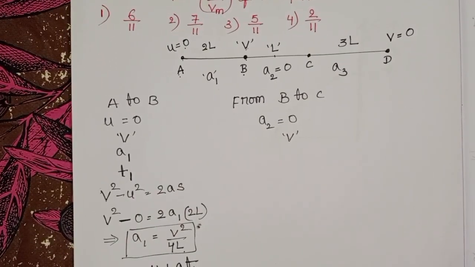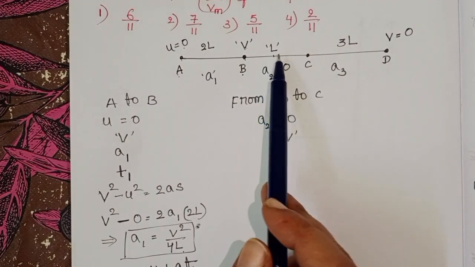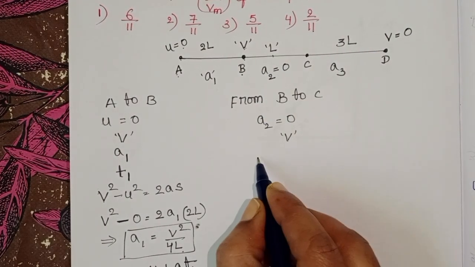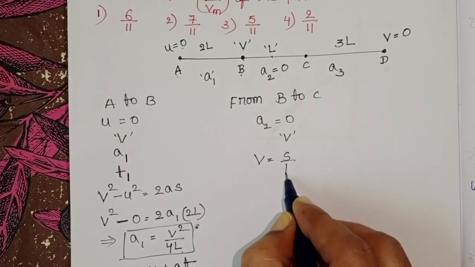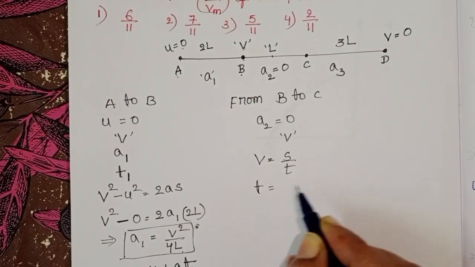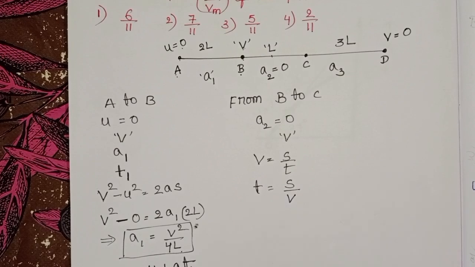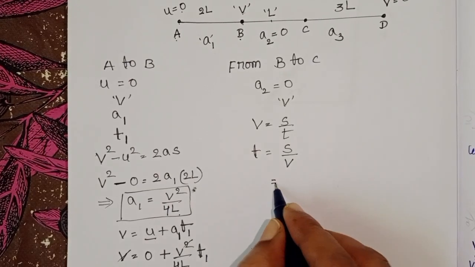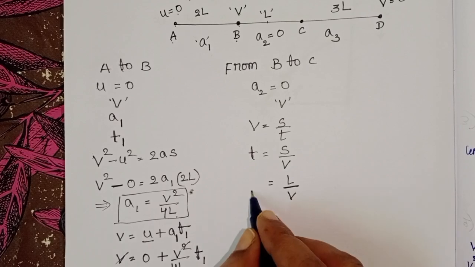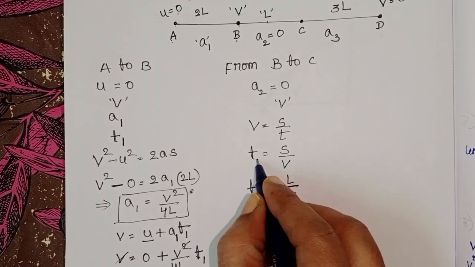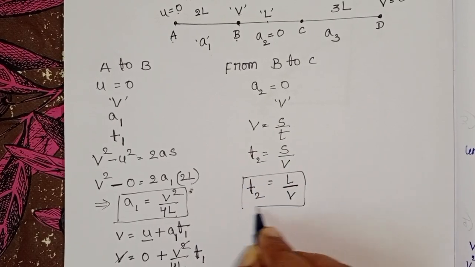Let the time taken by the particle to cover distance l be t2. Velocity is equal to distance by time. From this, time is equal to distance by velocity. Here the distance covered by the particle is l and the constant velocity is v. t2 is equal to l by v.